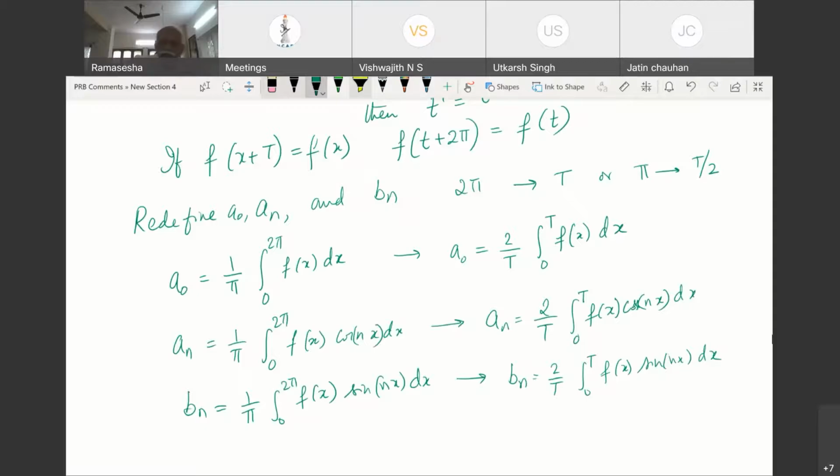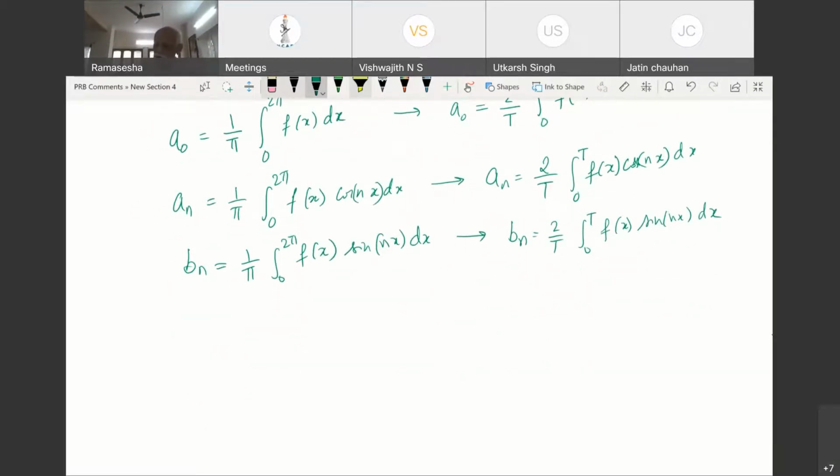I can always shift my integration, I can say that instead of integral 0 to T, an integral from minus T by 2 to plus T by 2. Some places use L equal to T by 2, but I will not use that.